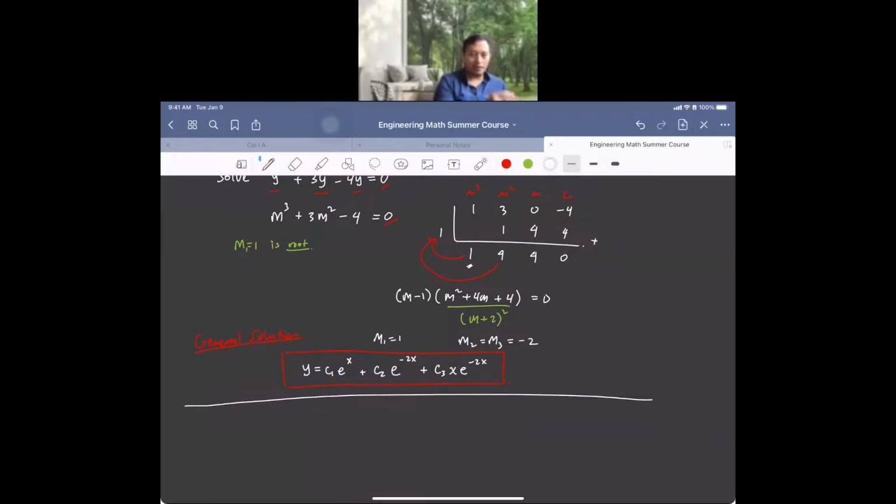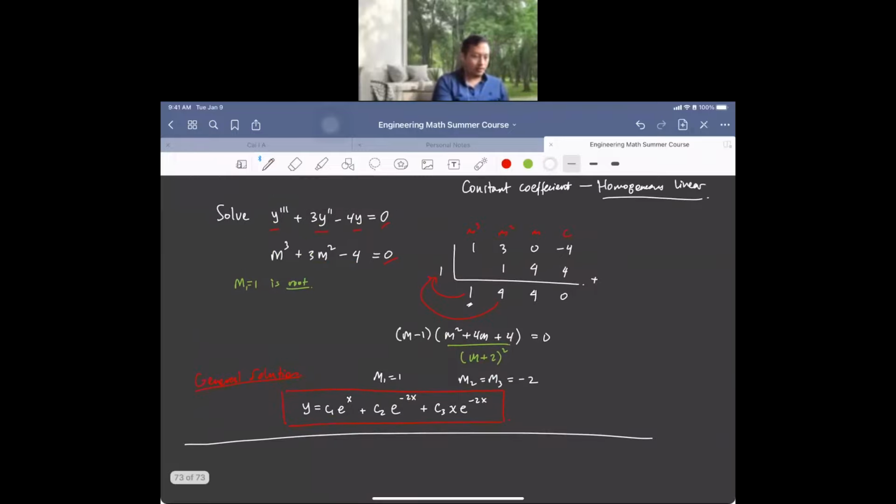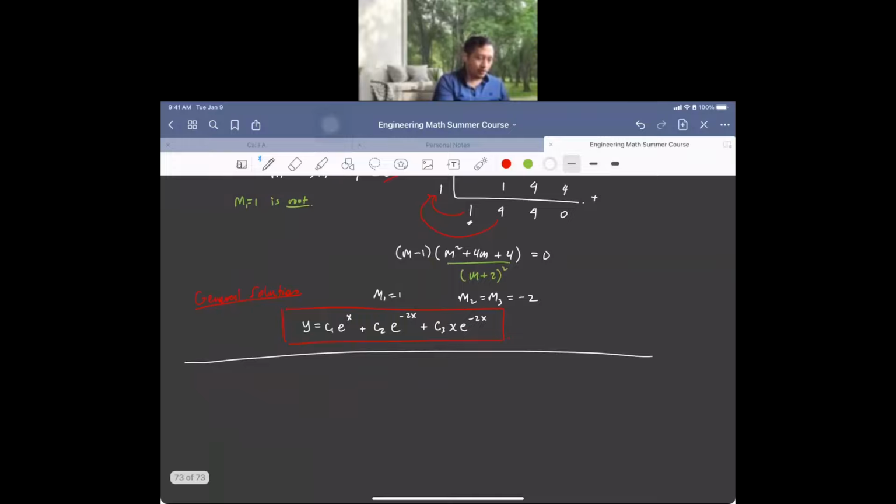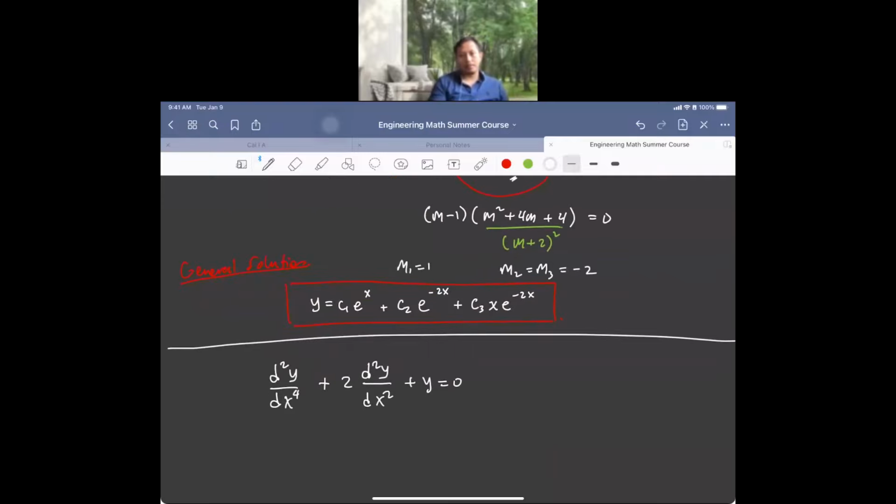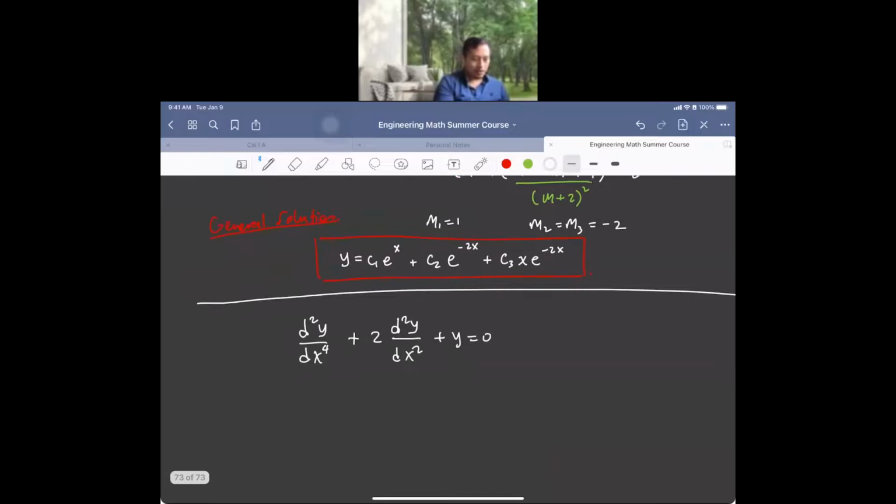Okay, let me give you an example. So this is the third order. Let me give you the fourth order to give you more idea in practice. Remember that this is higher order, but still linear.